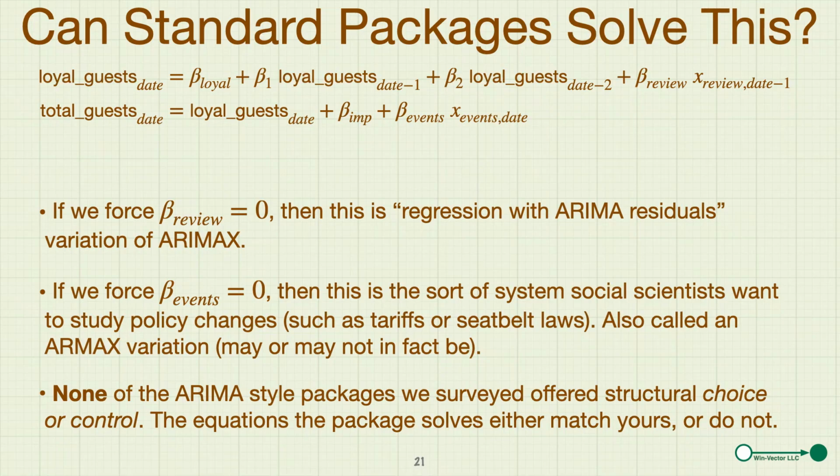If we set B events equals 0, this is the sort of system that PyFlux was solving, where there's a durable policy change, such as introduction of tariffs, seatbelt laws, or catalytic converters. So you really have to know, is the package designed to solve the sort of problems you want to solve?